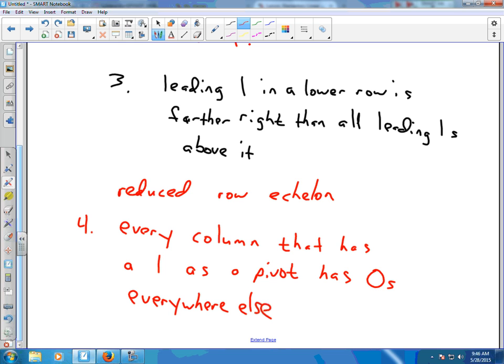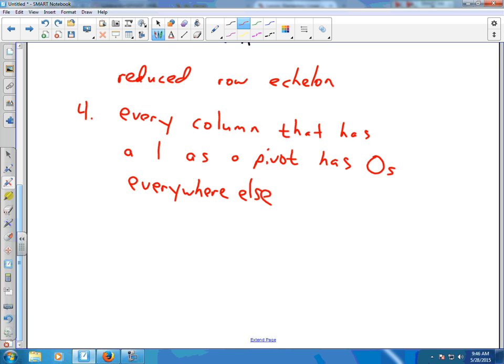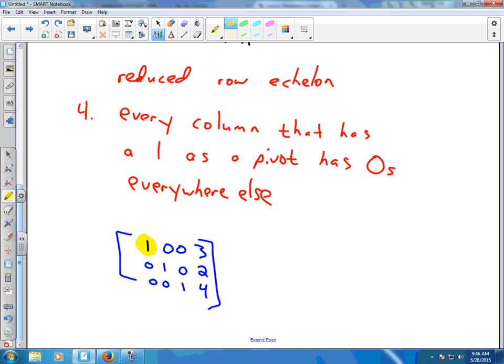So in words, that might sound a little confusing. But that's reduced row echelon. The first column has a pivot.